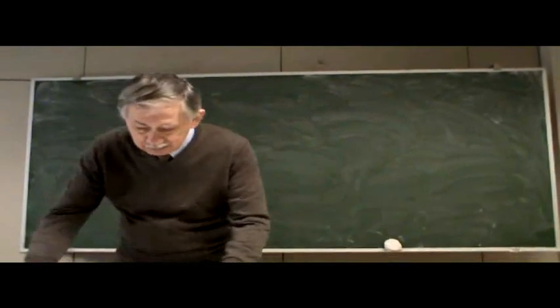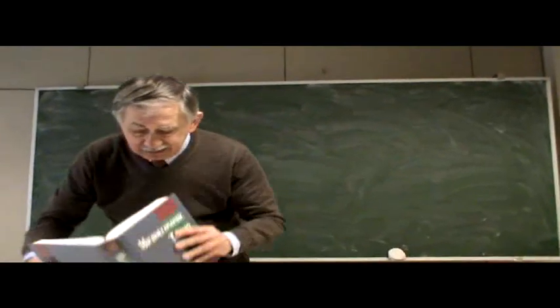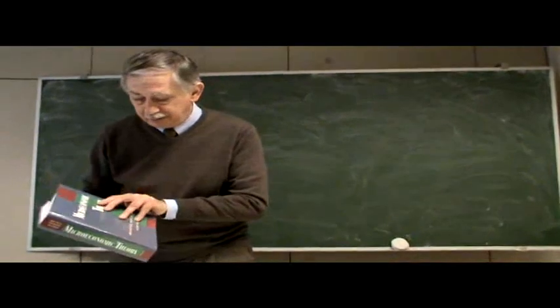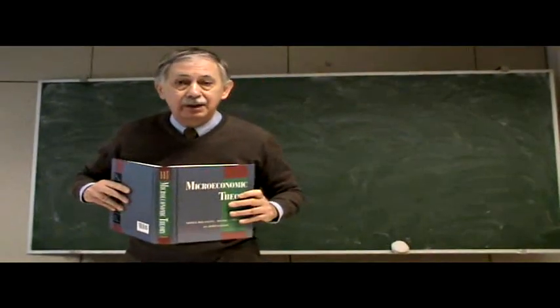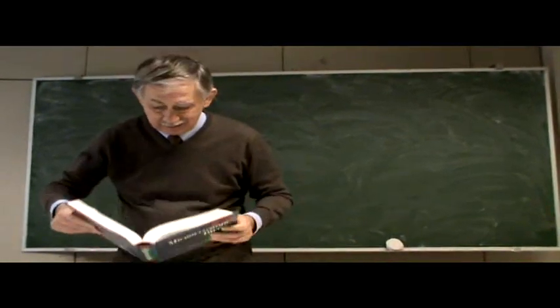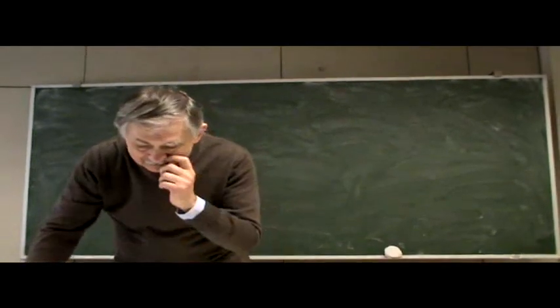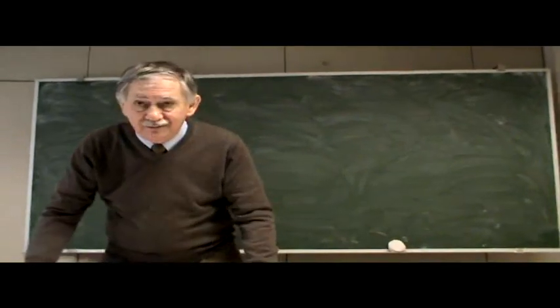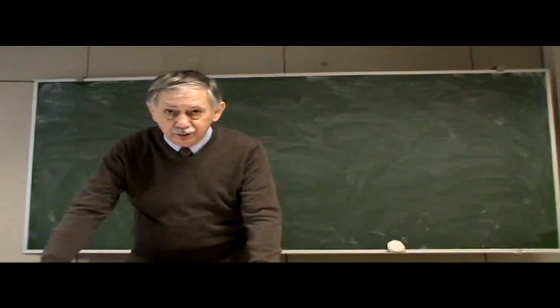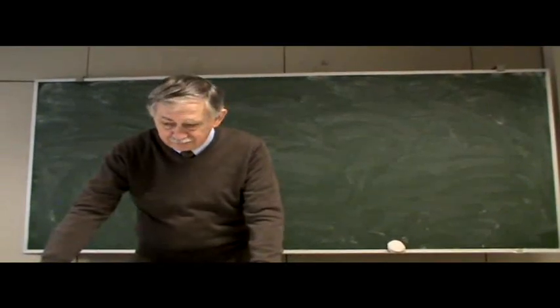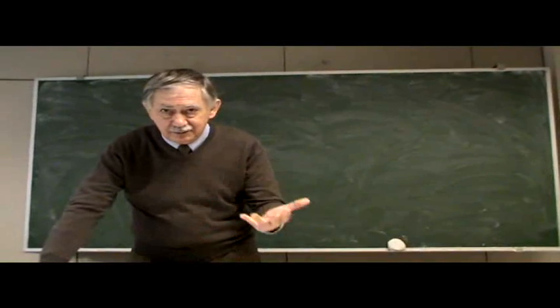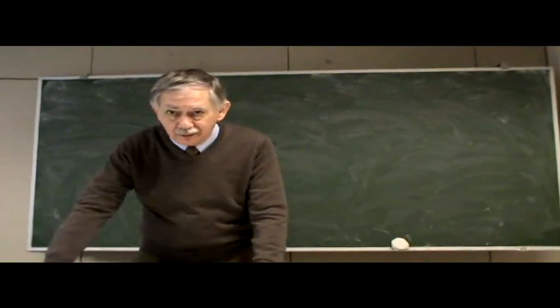The general text is the usual Microeconomic Theory by Mas-Colell and others. However, we shall see only chapter 15 of the book by Mas-Colell, the introductory chapter to general equilibrium theory.